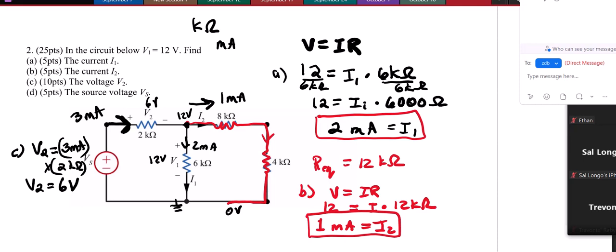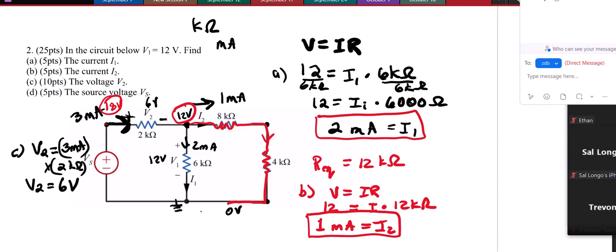Relative to our reference node, which was 0, on the other side of the resistor it's 12 volts, so it must be 18 volts on that side, because I have to have a drop of 6 from one side to the other.